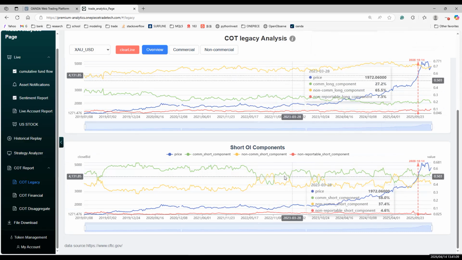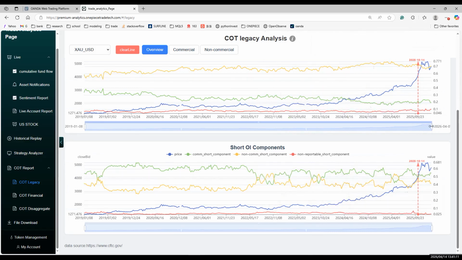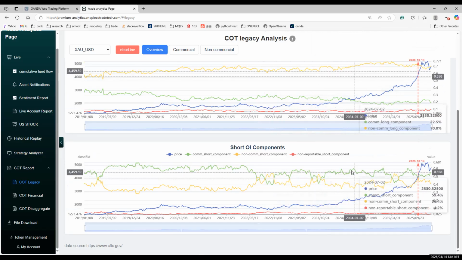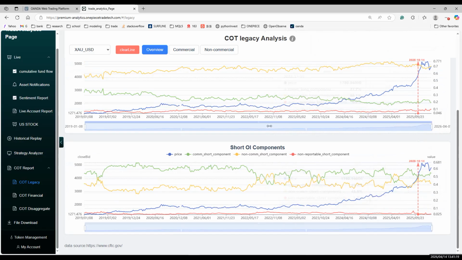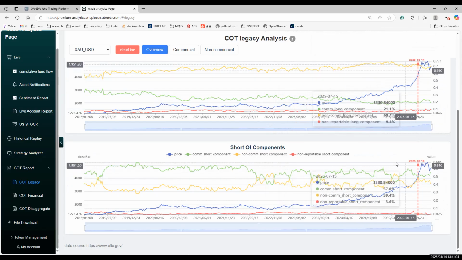And for the short contracts, on the short side, the commercials remain dominant, as we mentioned, that they are typically the counterparty of the speculators, which are typically the non-commercials.